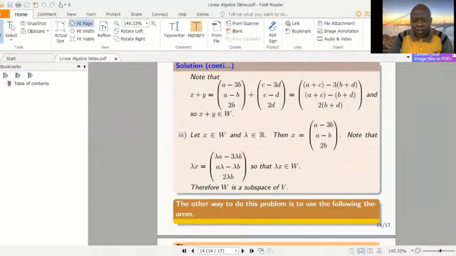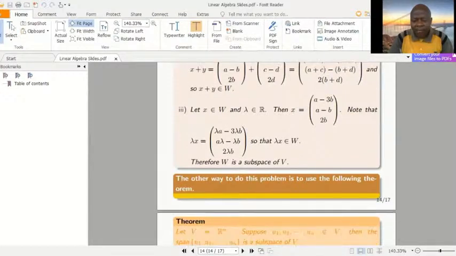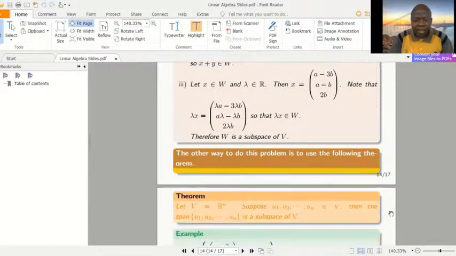Now, there's another way to do that, and I had already talked about it at the beginning, and I said that I would then come and make it clearer later. And this is the other way to do this problem, is to use the following theorem.